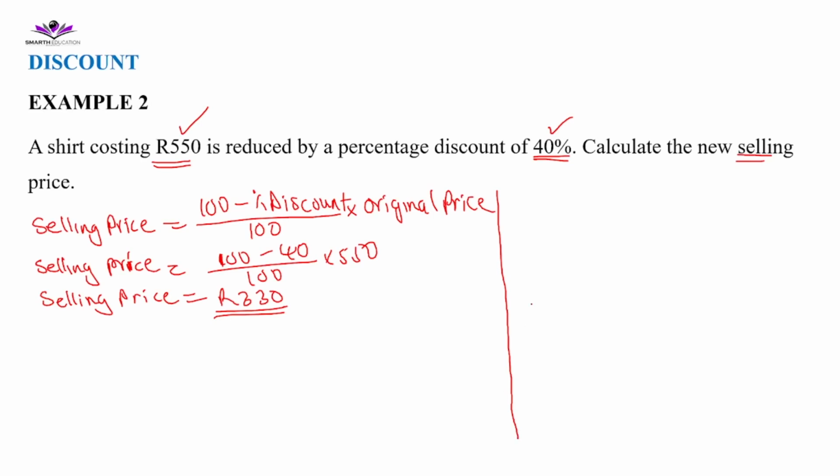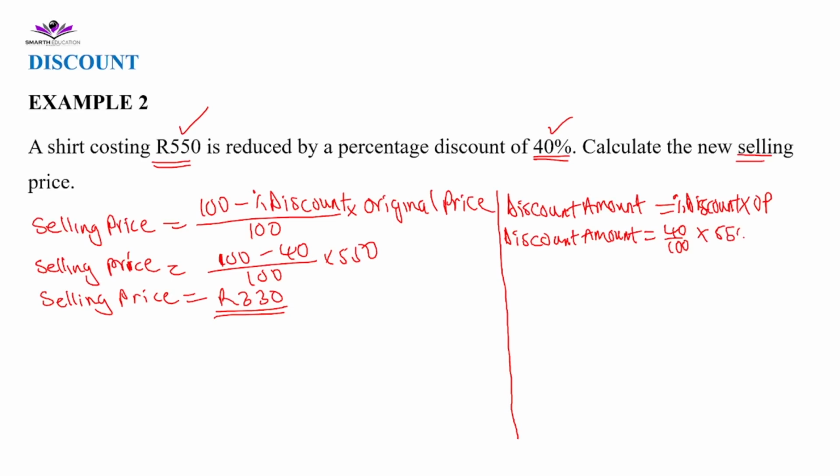The other thing we can do is to get the discount amount first. Remember, we said we can get the discount amount first. Discount amount is equal to percentage discount times original price. So it means discount amount is equal to 40% times 550, which is 220 rands. This is the discount amount.